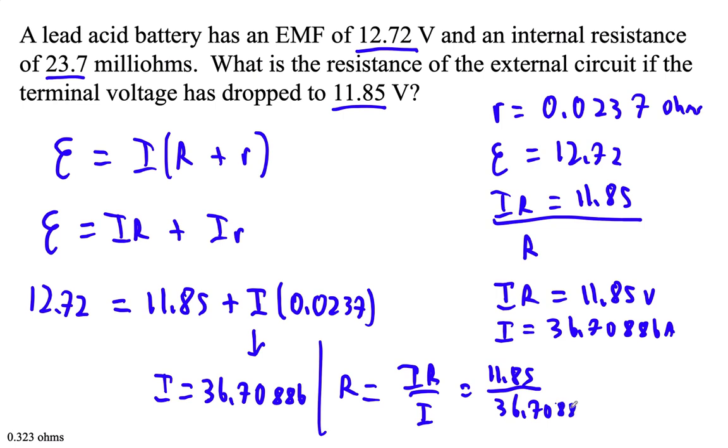I'm going to use all the precision of it. And I get that the resistance of the external circuit is 0.3228. So I'm going to say 0.323 ohms.